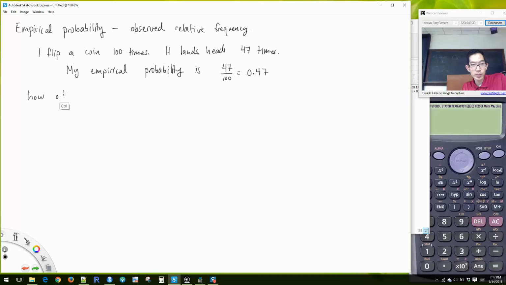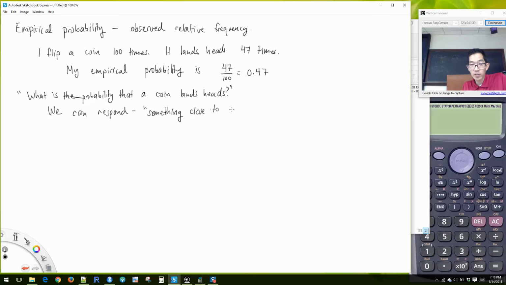Or, what is the probability that a coin lands heads? If somebody asks us that question, okay, we can respond something close to 0.47, okay?